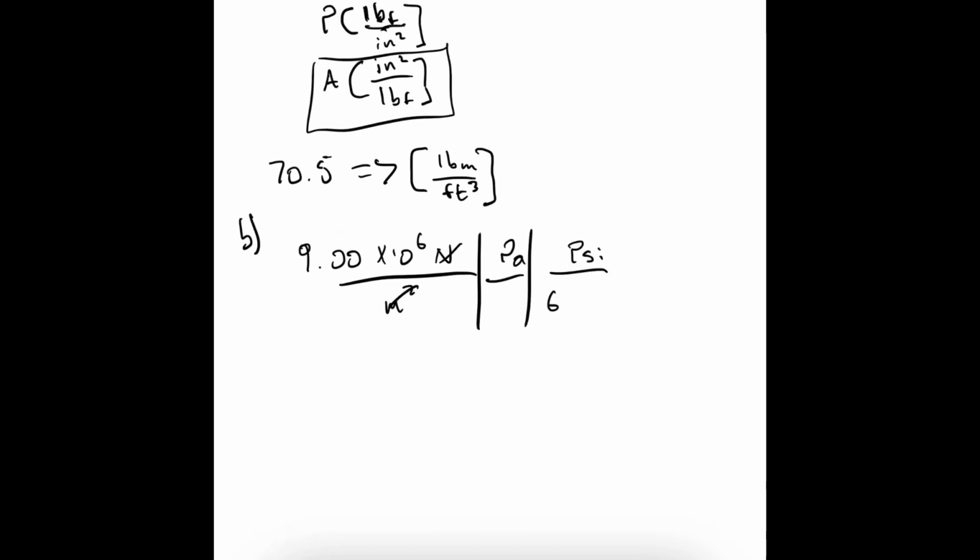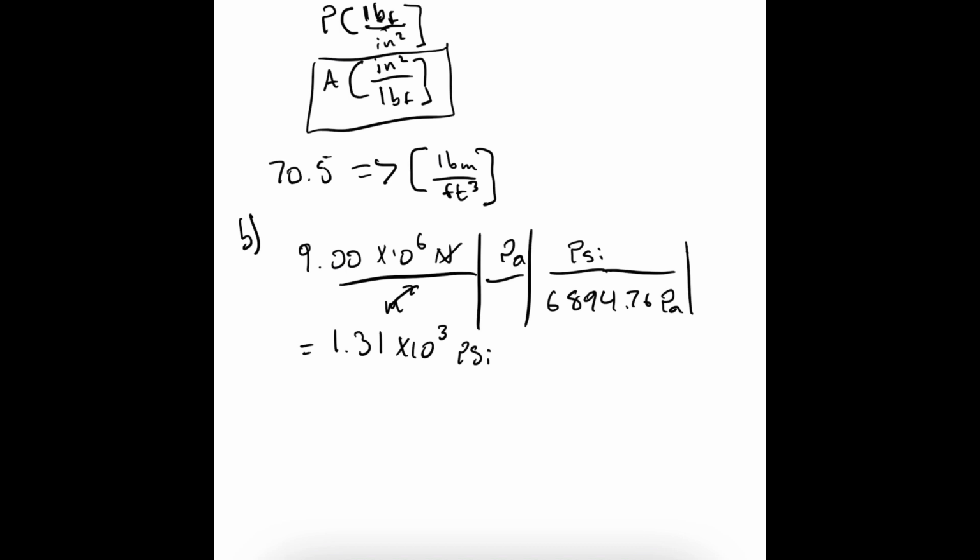There are 6,894.76 pascals per PSI. And this equals 1.31 times 10 to the 3 PSI. And that means pounds force per square inch, PSI.